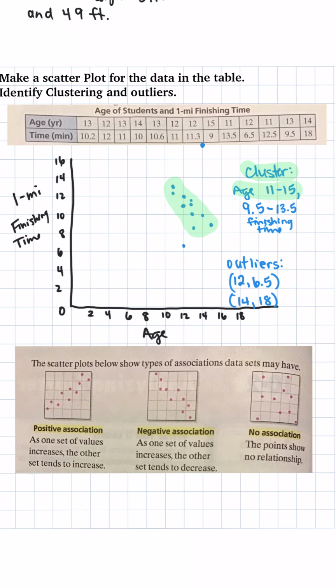So ages 11 to 15, and then 9.5 to 13.5 was the finishing time. And then outliers are going to be 12 and 6.5. Right, so when we're graphing, X goes first, Y goes second. So the horizontal always goes first. And then the other outlier is 14, 18.